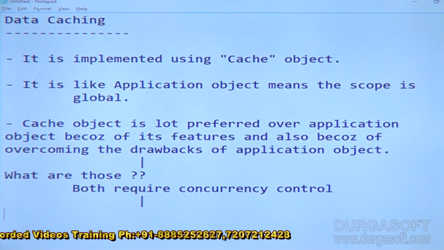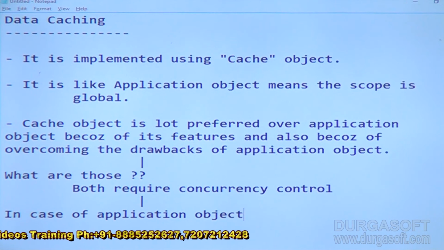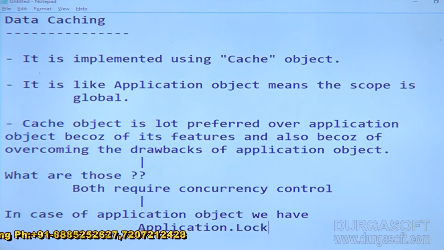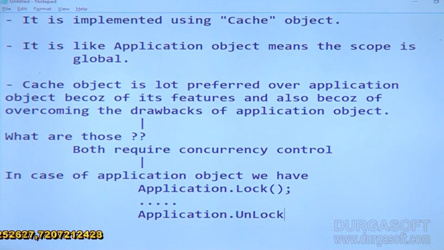So concurrency control is very much required. In case of the application object, we have Application.Lock, use it, and then say Application.Unlock.